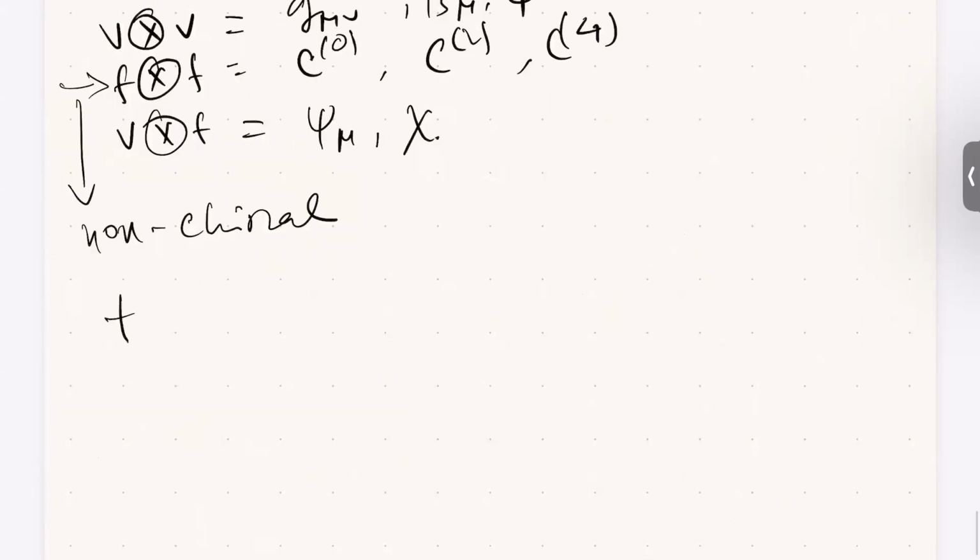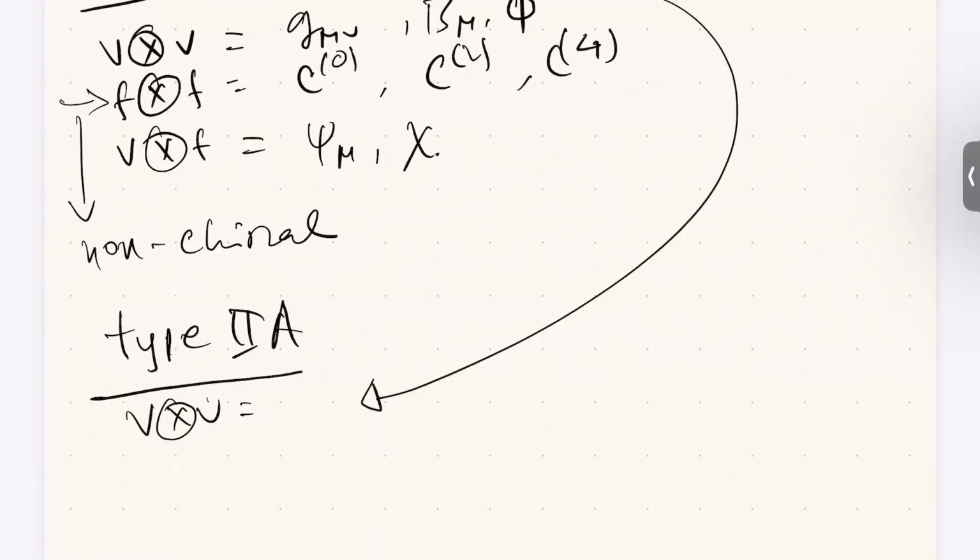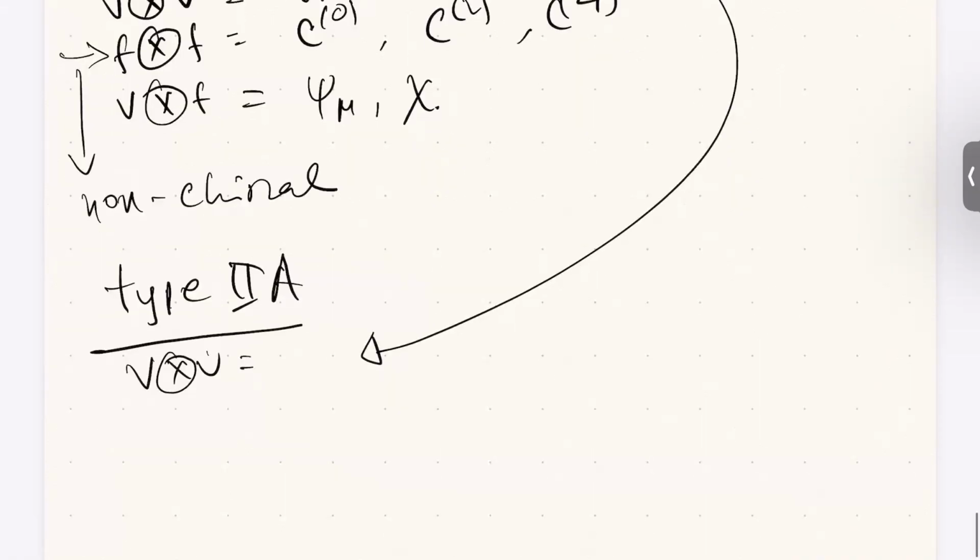And now the type 2B string theory, you will again have this vector cross vector, which is the same as here. Okay, the G mu nu, the B mu nu, and the dilaton, they will be the same. But now you have to compute this.